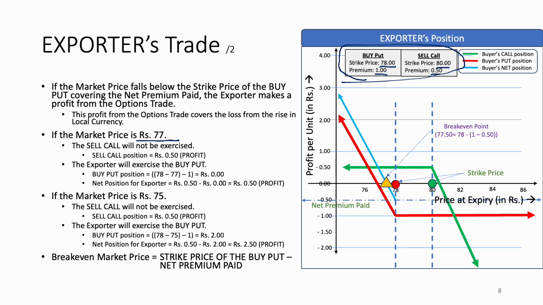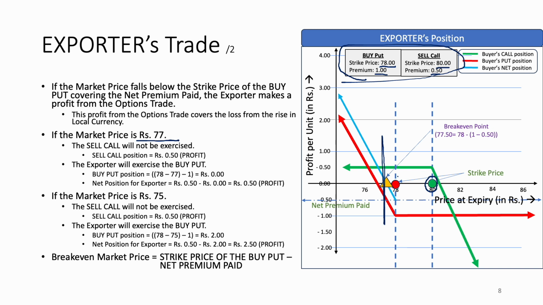At 77 rupees, the market price is less than the strike price of the sell call. So the sell call will not be exercised, because the buyer of the call will not exercise it when the market price is lower than the strike price.